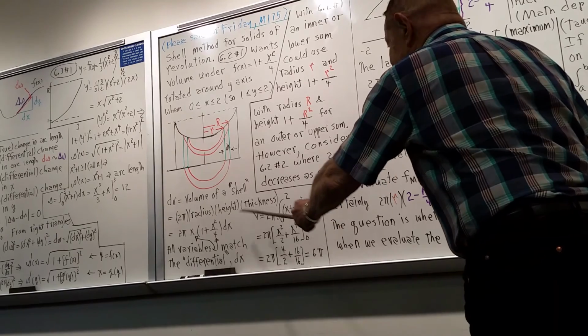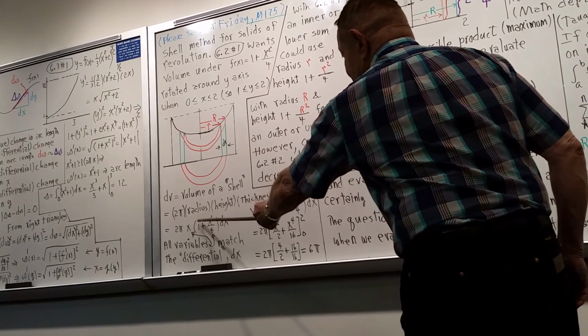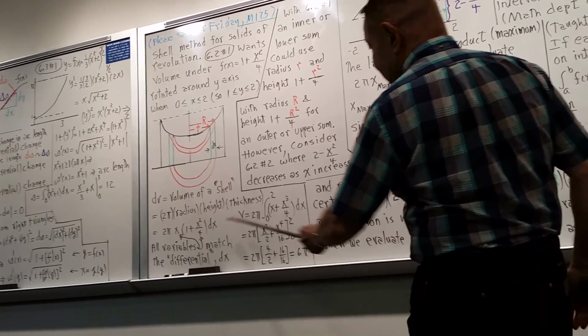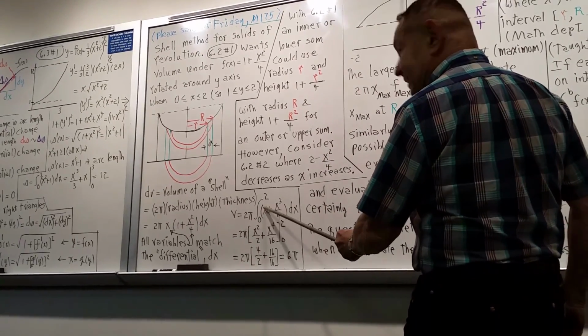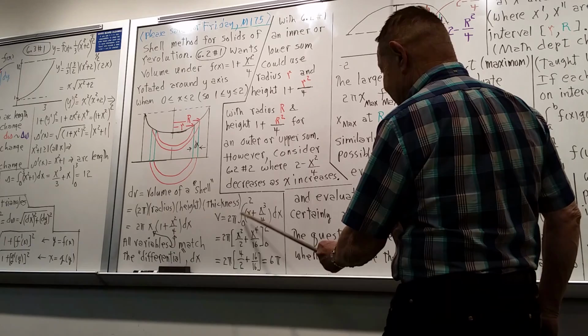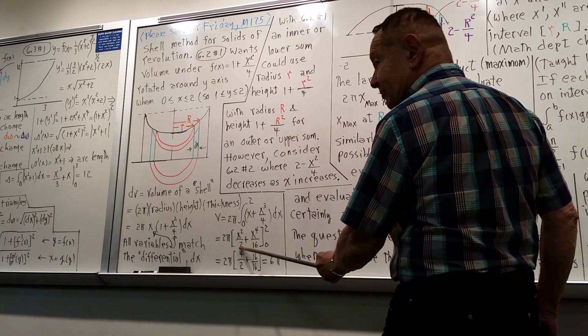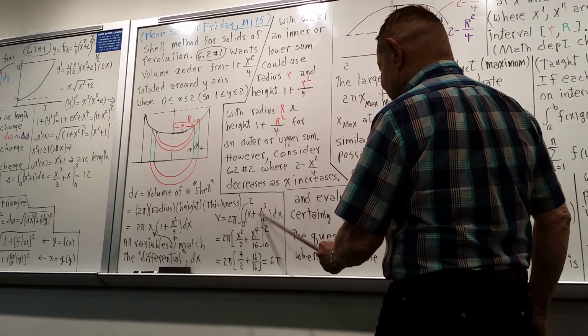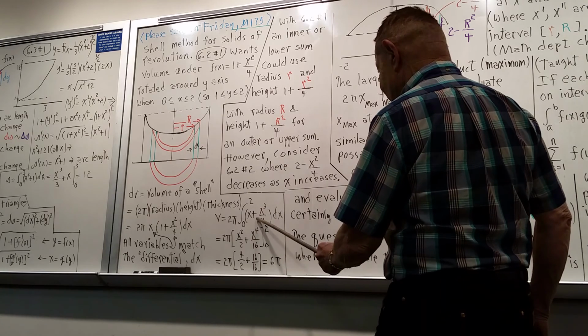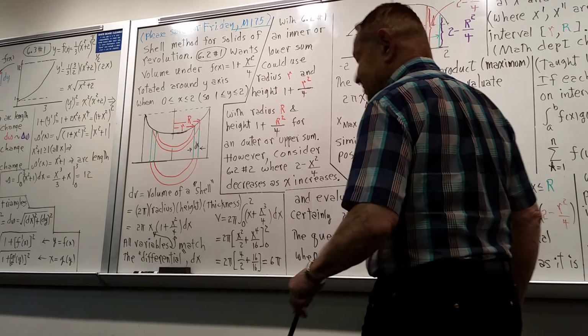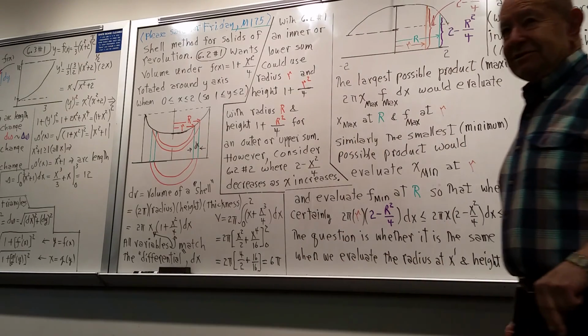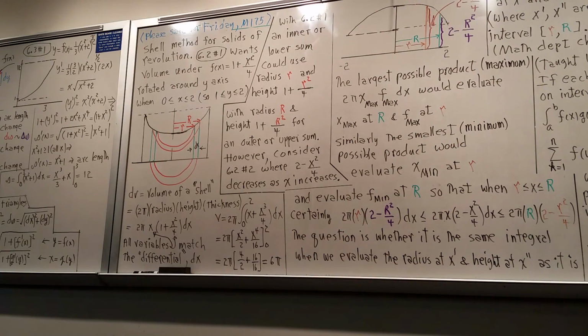So we are multiplying the x by this, so that's how I get x, and then x cubed over 4, and then I take my antiderivative, and I have x squared over 2, and I have x fourth over 4 times 4. Put in my limits, and I get 6 pi, which is what the book says it is. So this seems to work very well.